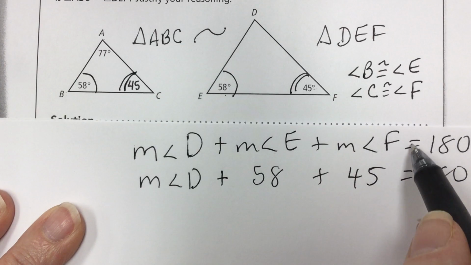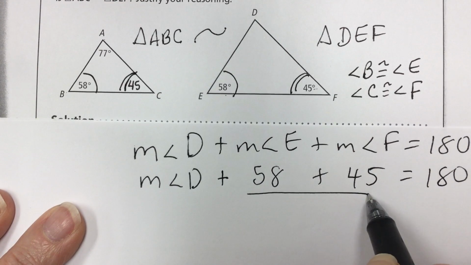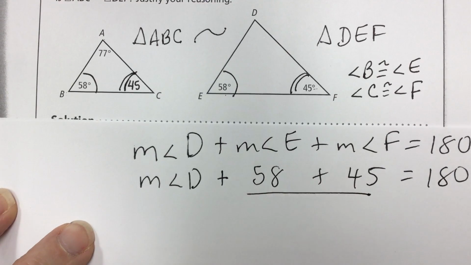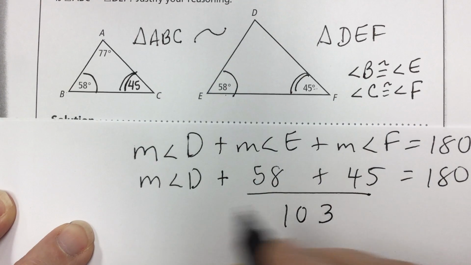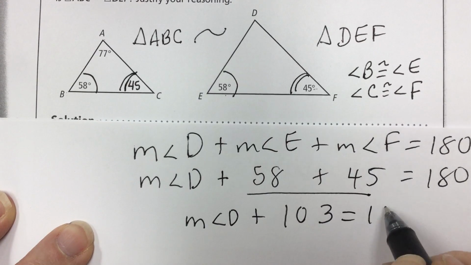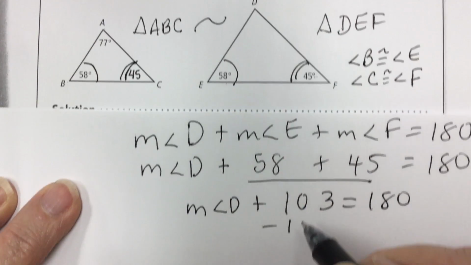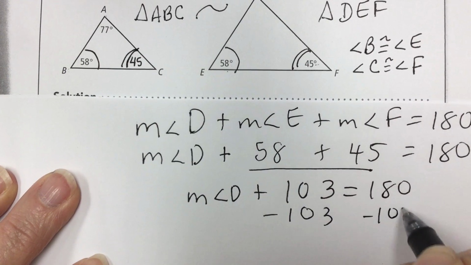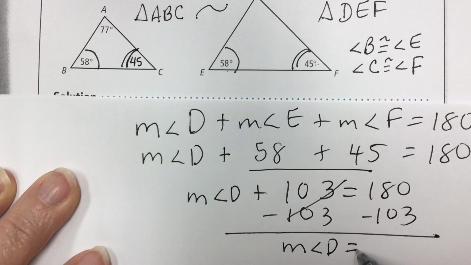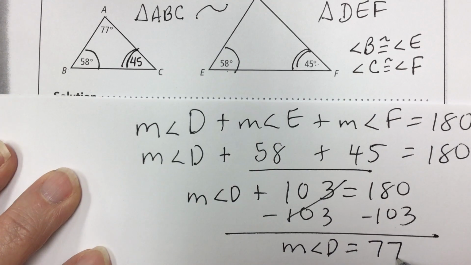So if we treat this as an equation, these two are on the same side. We can combine these. So 58 plus 45 is 103. So we've got the measure of angle D plus 103 equals 180. If you subtract 103 from both sides, you find the measure of angle D equals 77.